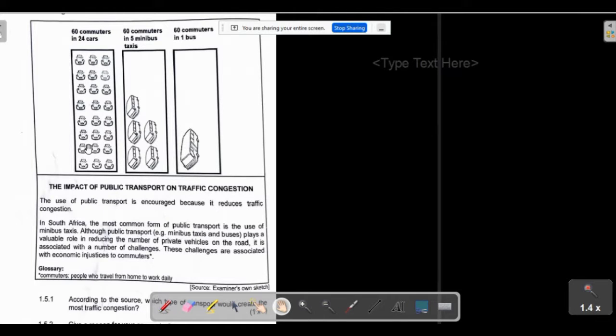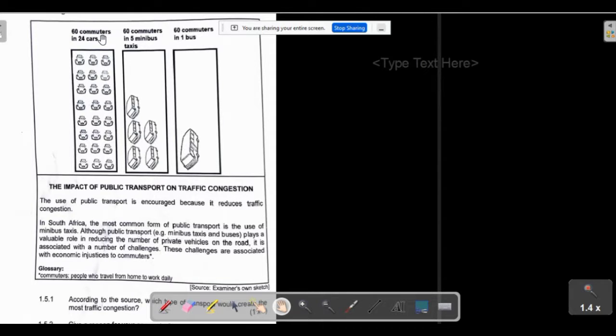So this of course would cause traffic congestion. But if we use public transport like minibus taxis and buses, that would reduce the number of cars on the road and hence reduce traffic congestion. Traffic congestion is caused by having a lot of cars on one lane. Especially when you have them on one lane, it just makes things difficult. So this basically implies that we can reduce traffic congestion if we use a bus instead of a car.